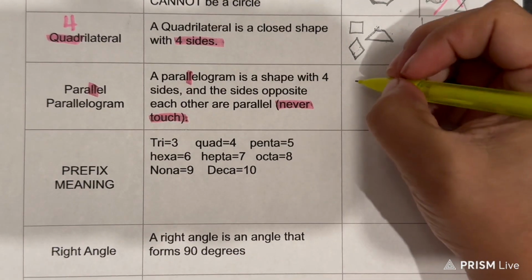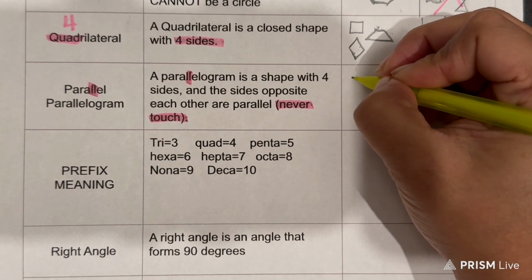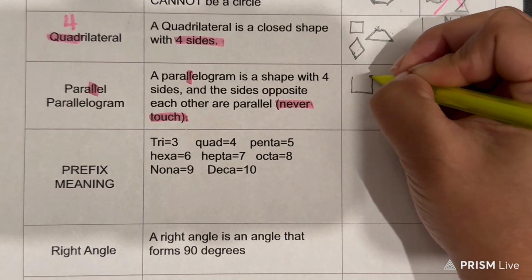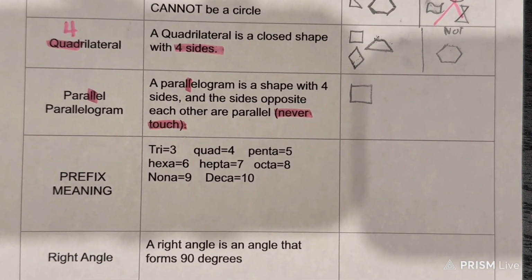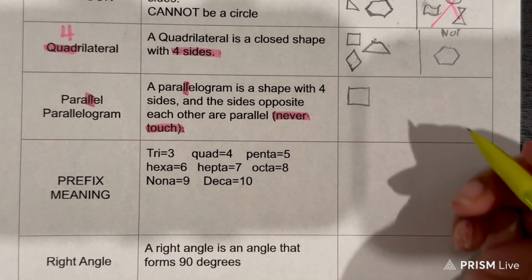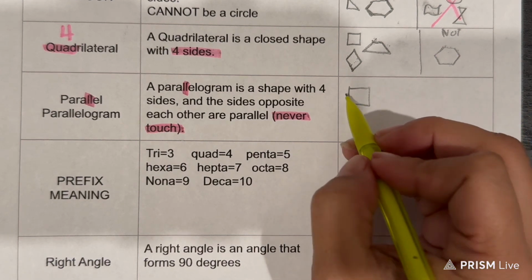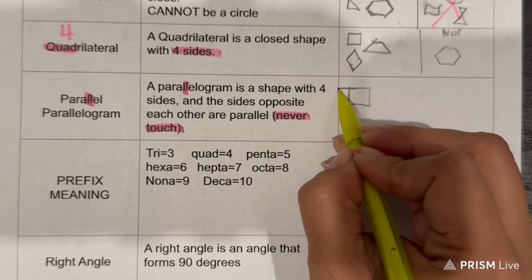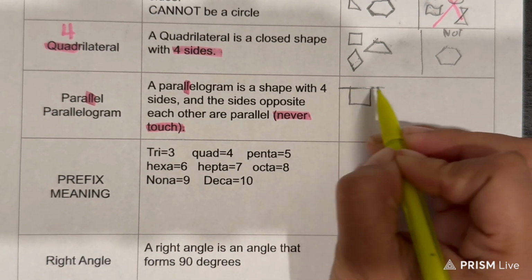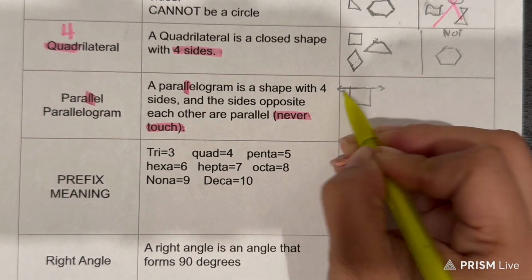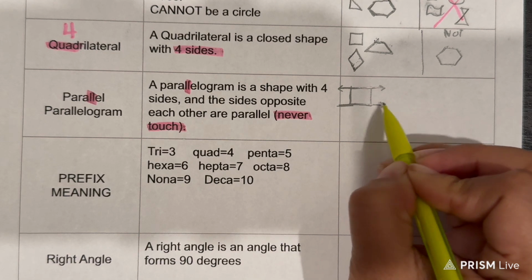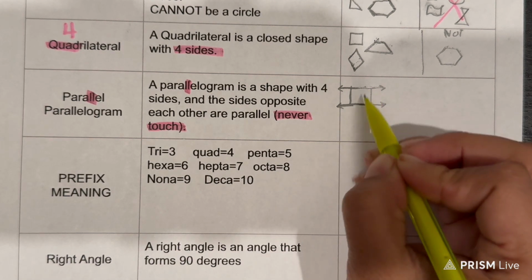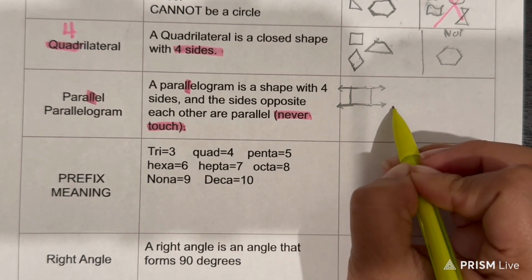So if I were to create a square, and I get a ruler, the opposite sides of each other will never touch. For example, if I get a ruler and I go like this, and the line keeps going forever and ever, and the line over here goes like this forever and ever, if they're parallel, these 2 sides will never touch.